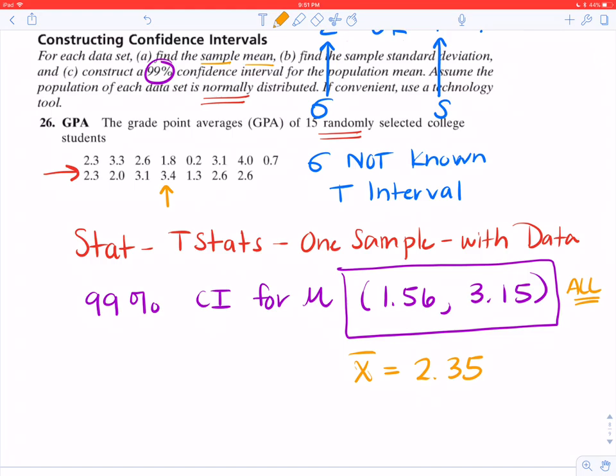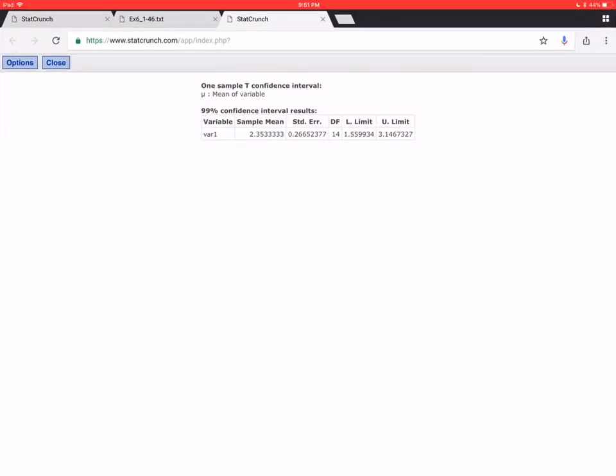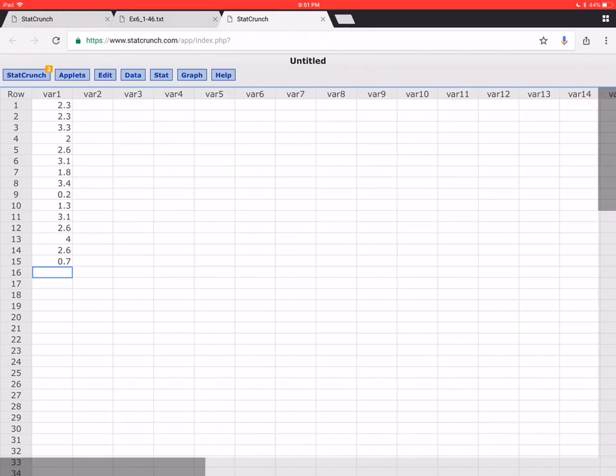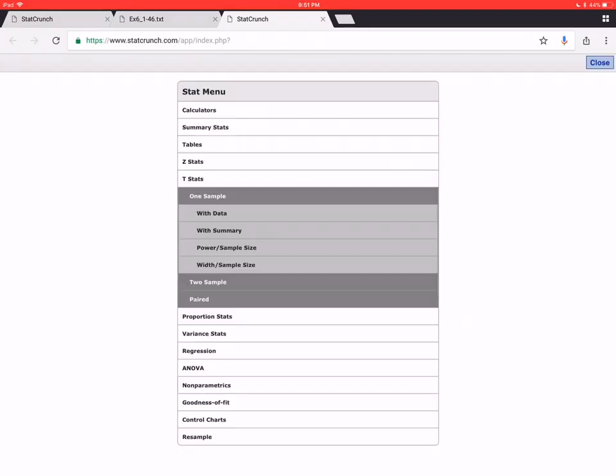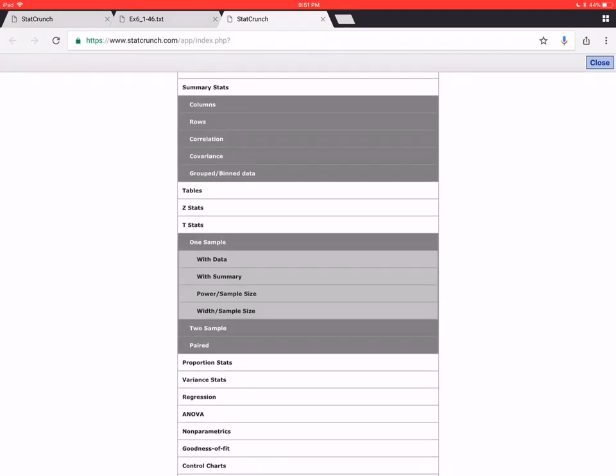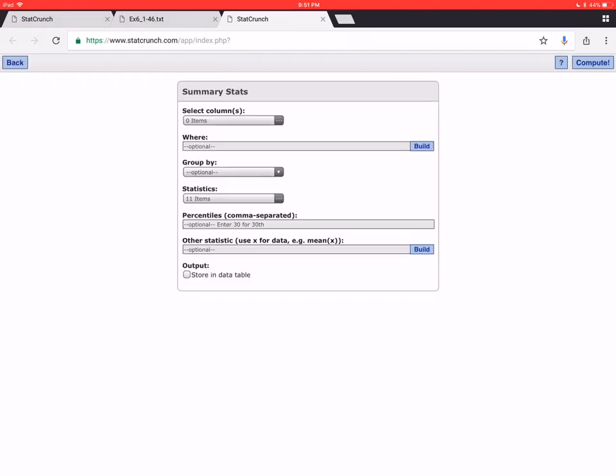Now, I was also asked for the standard deviation here. That's something that's not actually given in my interval output. But remember, you can very easily calculate summary statistics if you need them. Once you've loaded the data set, Stat, Summary Stats, we've done this a bunch, Columns, put in variable 1, that's really all you need to do.